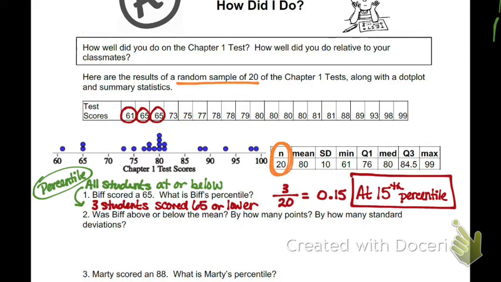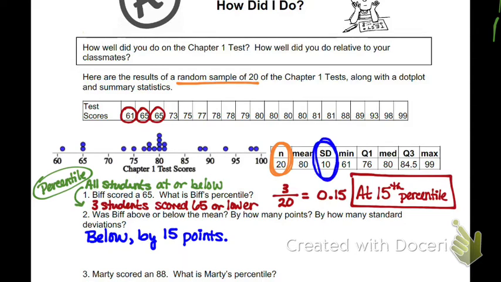Was Biff above or below the mean? Below. By how many points? 15. Below by 15 points. So how many standard deviations away is he below the mean? 1.5. Tell me how you found that. The standard deviation is 10.